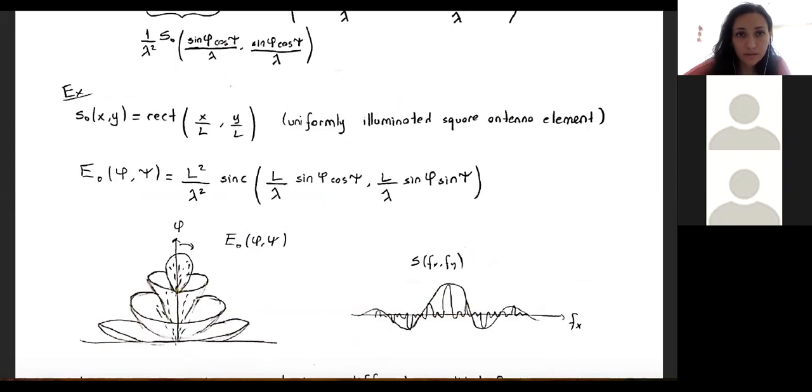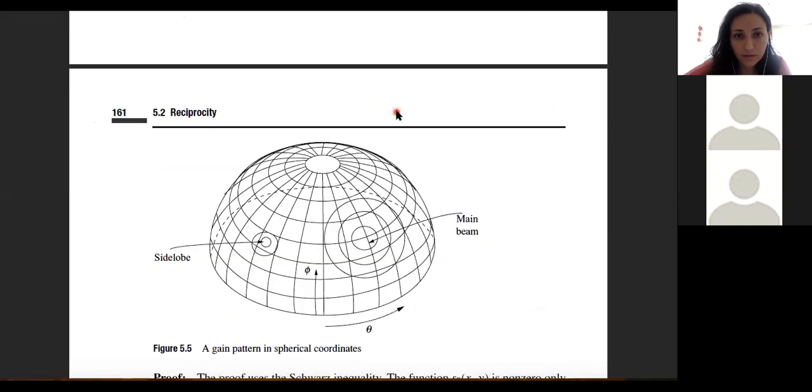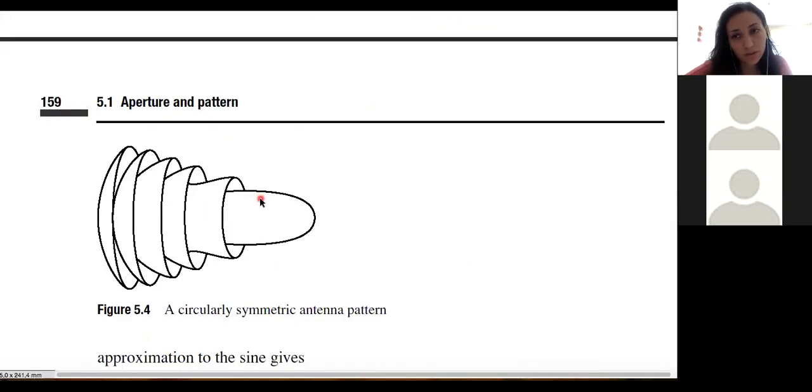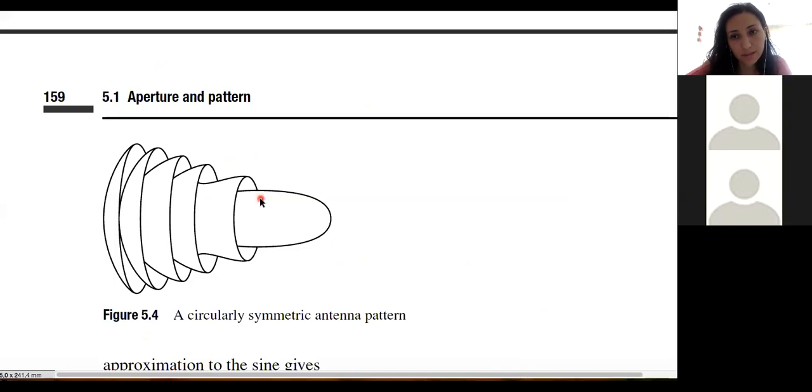Maybe a better plot, I can show you a better plotting of this from your book. It's here. Okay, yes, this one. This is for the circular uniform illumination function.